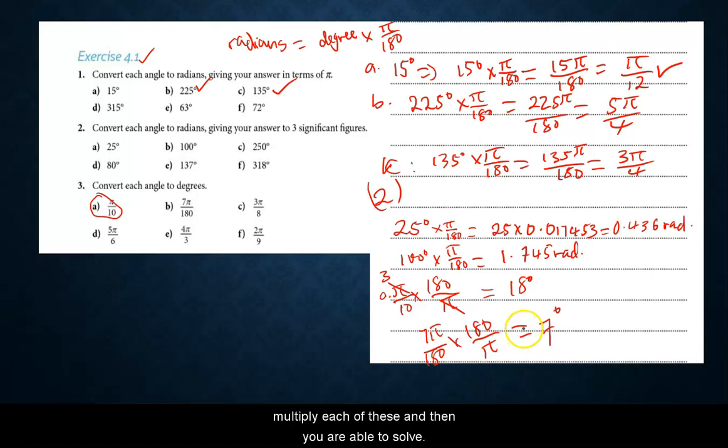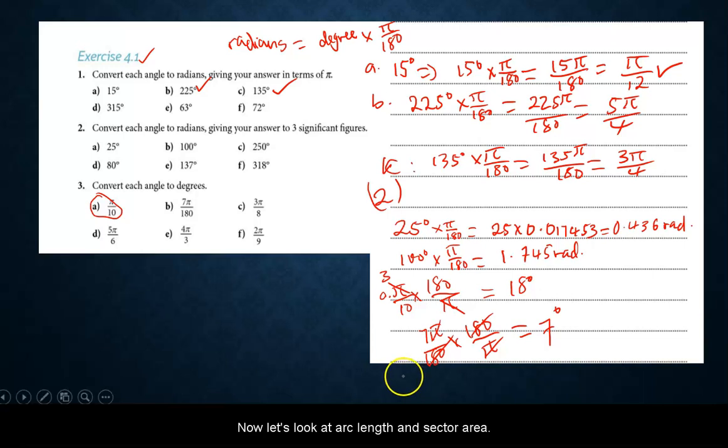So basically solving and converting these are very simple and straightforward. You cancel this pi, and we are left with 7. So the final answer there is simply 7 degrees.